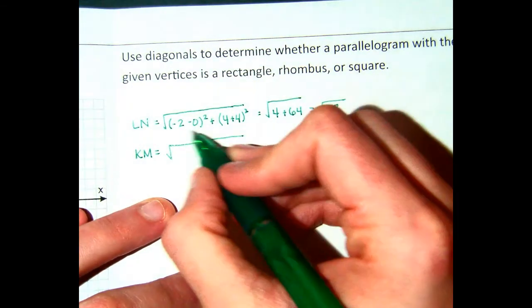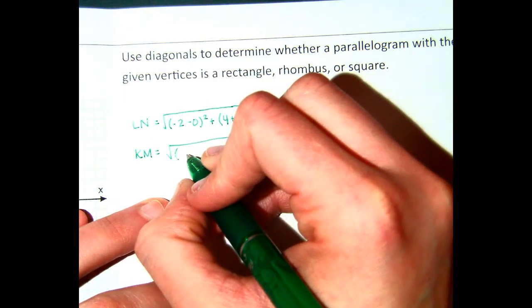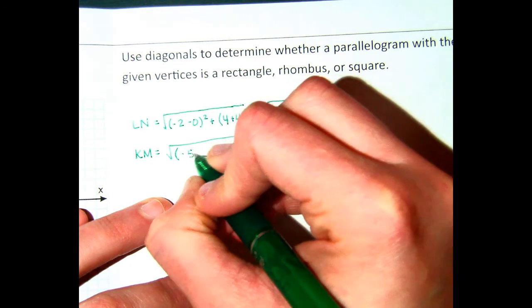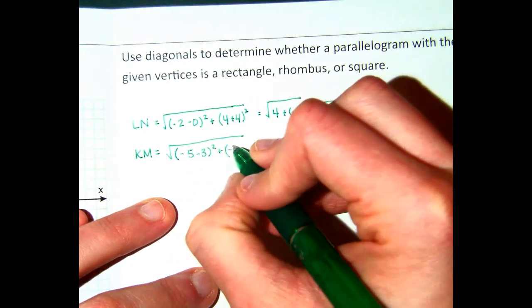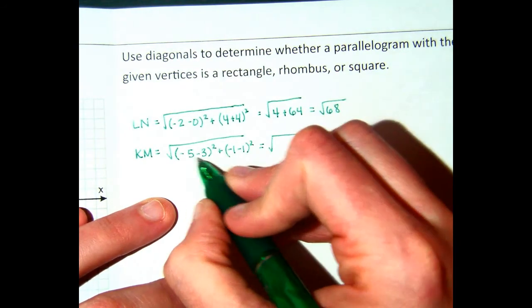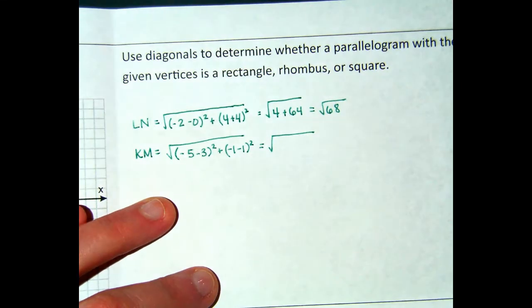I could, but for our purposes, reducing it is irrelevant. We would only have to reduce if this didn't come out to square root of 68 to see if it actually was the same. But we'll see. Alright, so K: -5 minus 3 squared, plus -1 minus 1 squared. -5 minus 3, add, keep the sign.